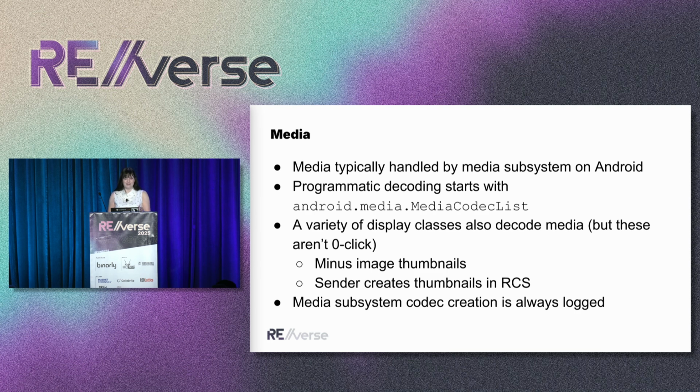But so I looked for situations that weren't these visual classes where it was actually programmatically doing this decoding with media codec lists and actually getting the buffer output from the decoding. And there was basically only one situation where they did this, which was transcription, which is still better than nothing. It never used to do this.